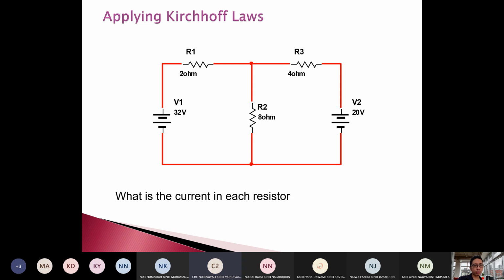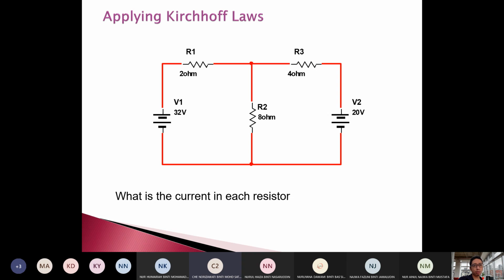And then for the second equation, it is 20 equals I3 R3 plus I1 R2 plus I3 R2. So I3 R3 plus R2, what is it? It is 12.